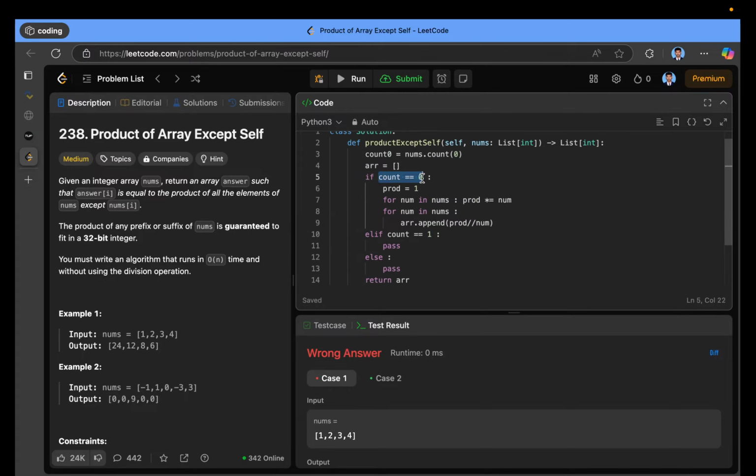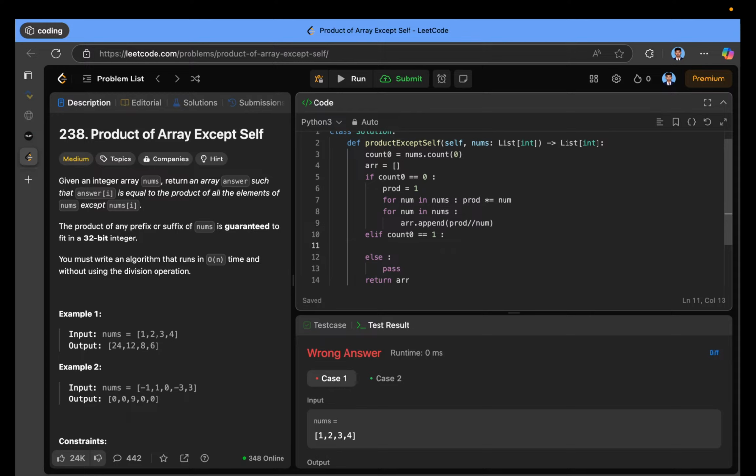If the count is 0... okay, again, syntax error, count == 0. Now if only a single 0 is present, then what do I have to do?